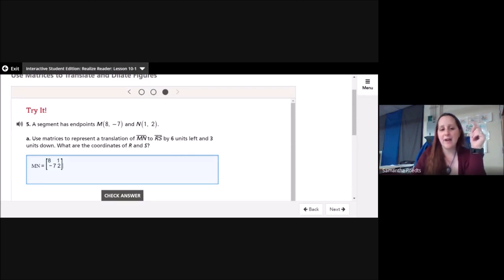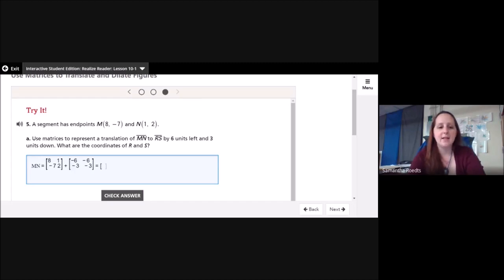And then I'm going 6 units left. So my X values, my top values, I'm going left. So I'm going this way, which means I'm going -6. And then 3 units down, so that's my Y value moving down, so I go -3. Okay.